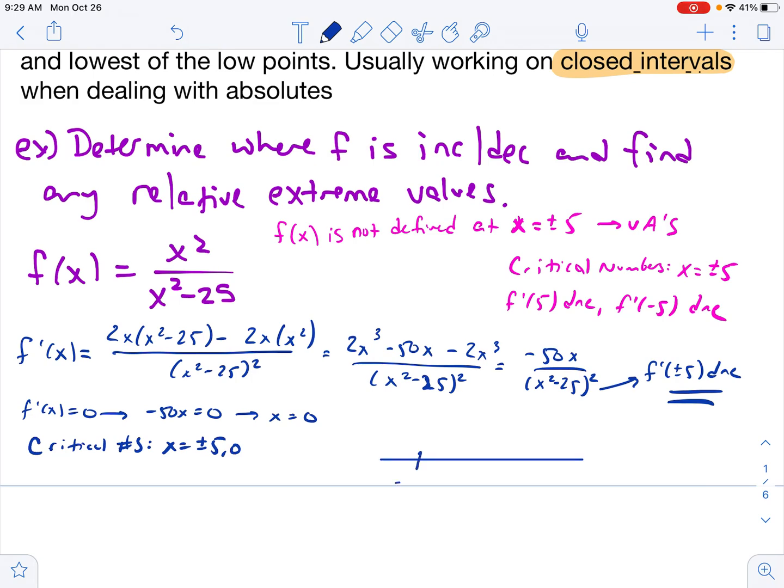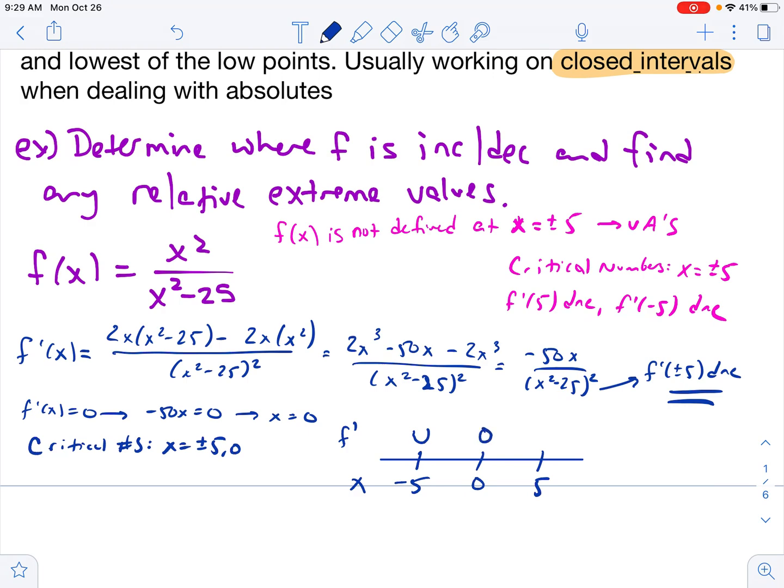I'm going to make a number line, and I'm going to put my critical numbers on there from left to right. These correspond to x values on the bottom. Up top, I have the f prime symbol, and f prime of negative 5 was undefined, so I put a U there to indicate it was undefined.